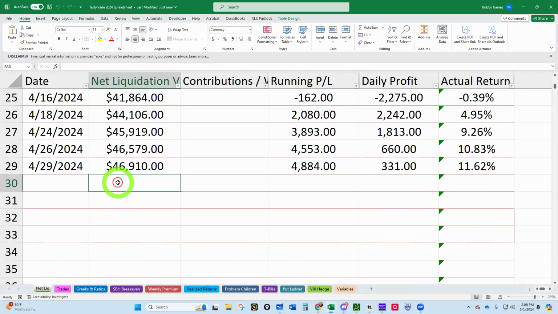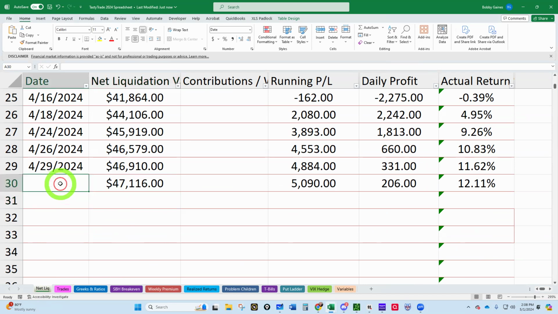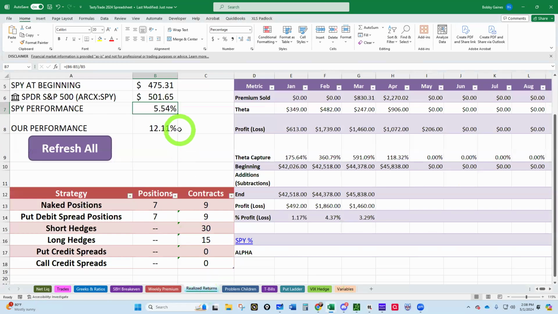Oh, yeah, baby. 47,116. Fire up the band, Rico. Well, we're moving on now. To a deluxe apartment in the sky. So we are up 12.11% on the year, and the S&P 500 is up 5.54%. I would say that is alpha.